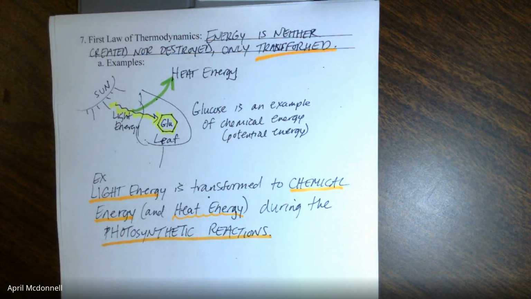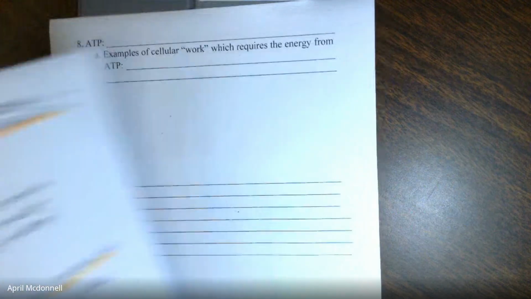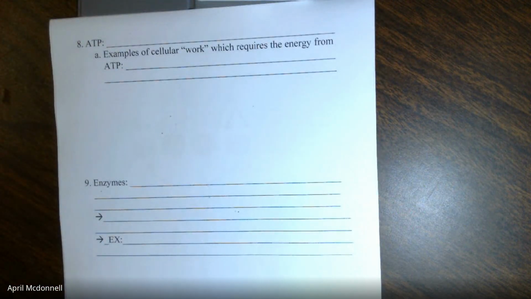Cellular respiration is another example of the first law of thermodynamics. Make sure to read about cellular respiration in your online textbook. We have to mention our molecule called ATP.